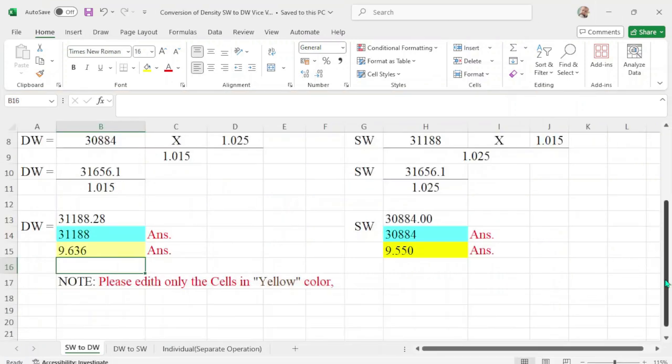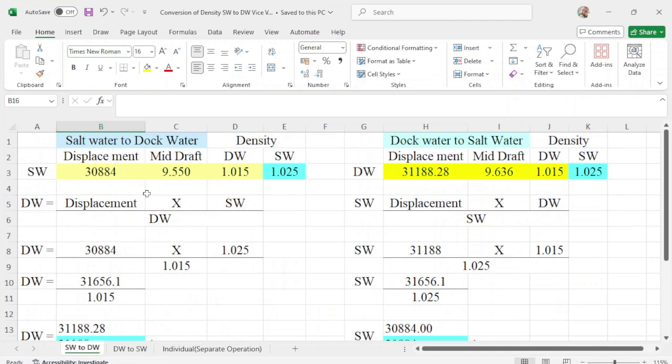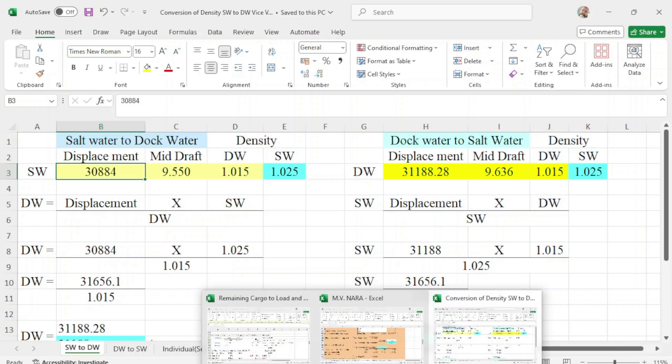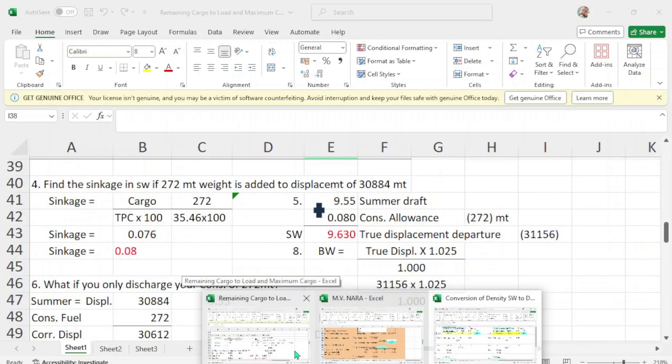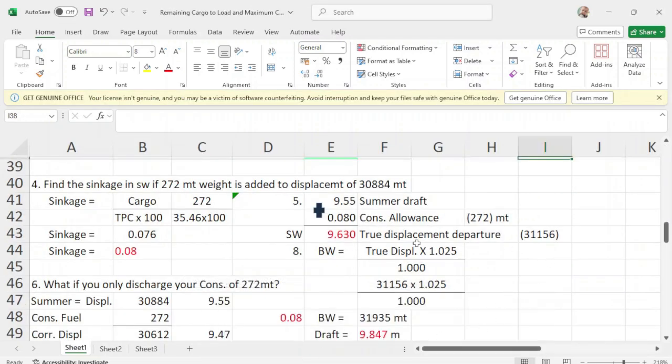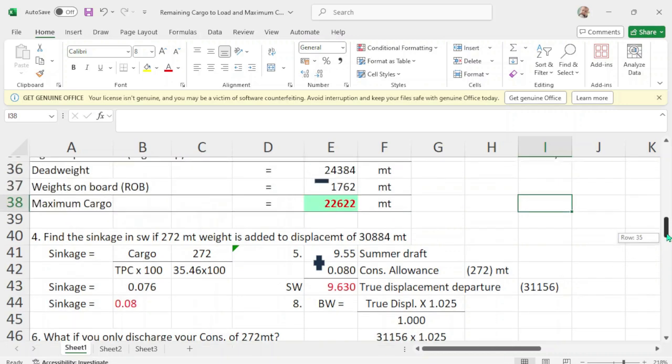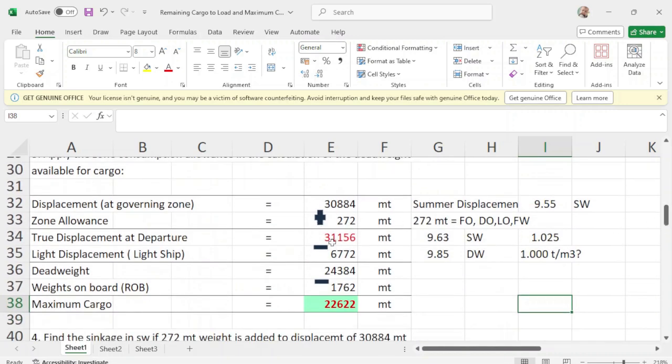So from salt water to dock water, what was the displacement? The displacement was 31156, or 31156 at the drop of 9.63.